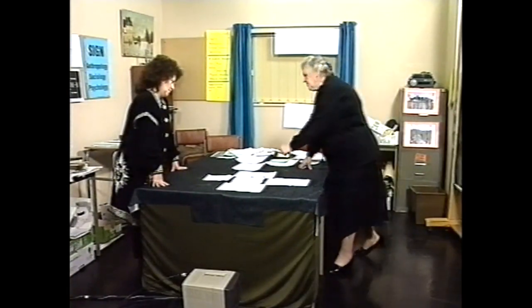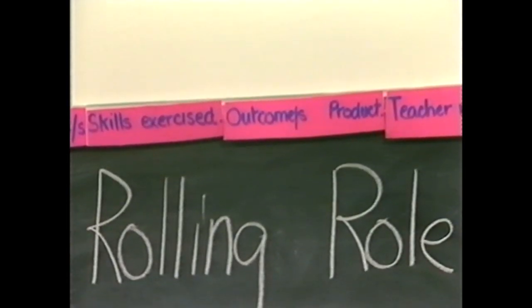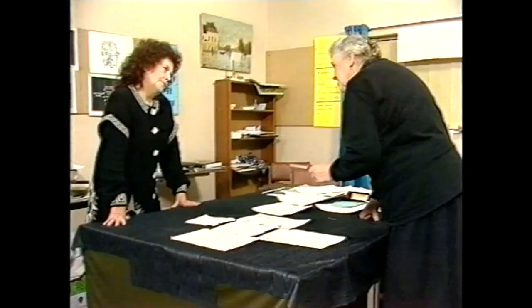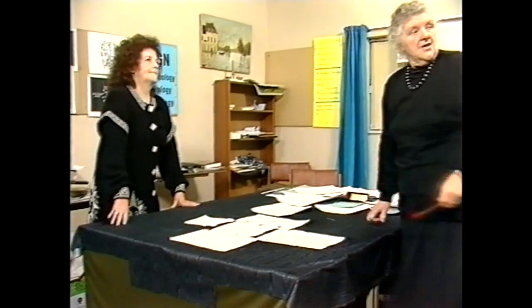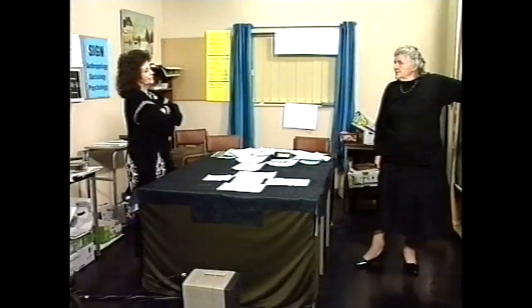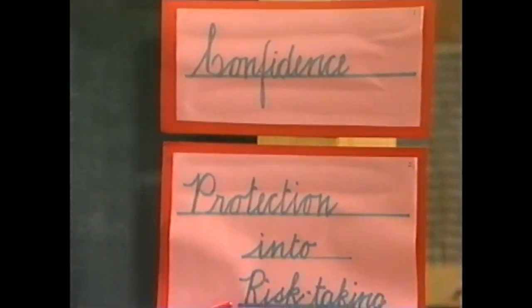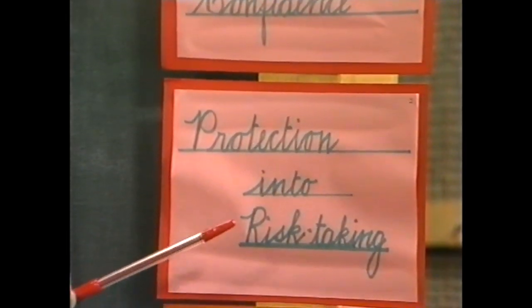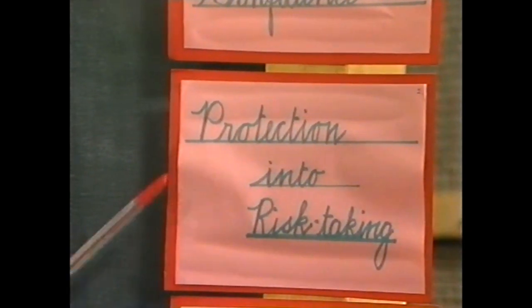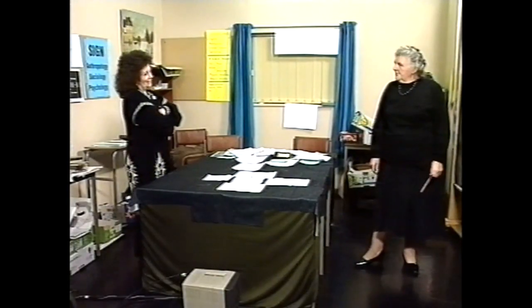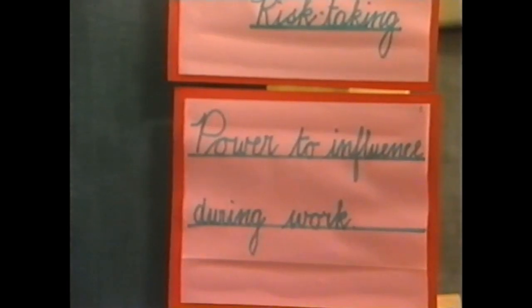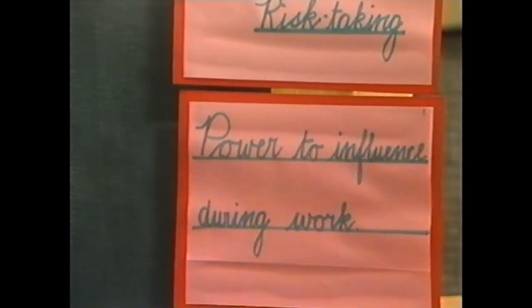I can help decode a bit here, but I can also test on who will attempt it. Who's starting to be confident, you see? Can I protect them into risk-taking? Will you take a chance and see if you can read that? They certainly are going to have power to influence because they're going to arrange the job card window.